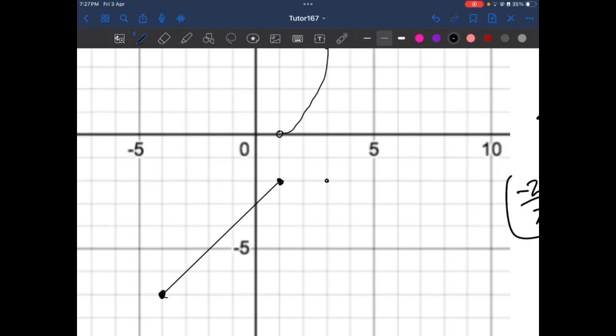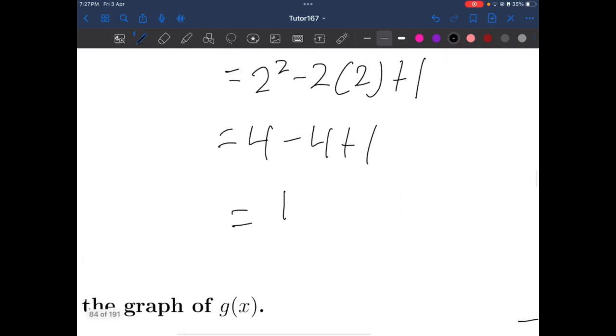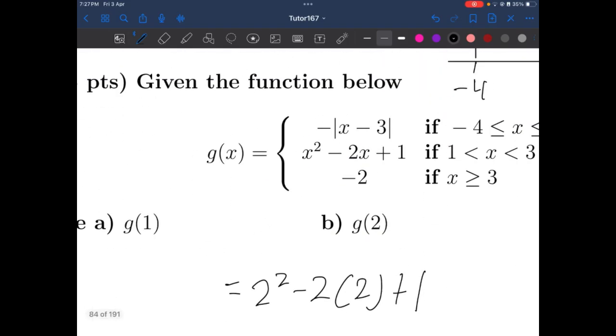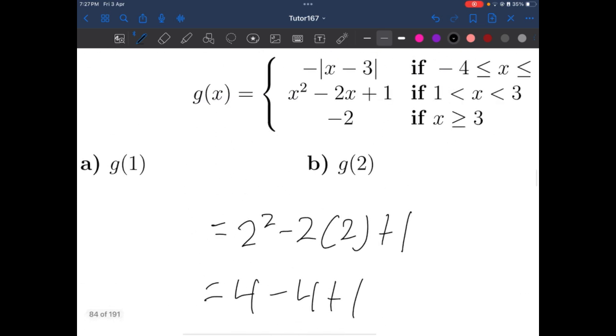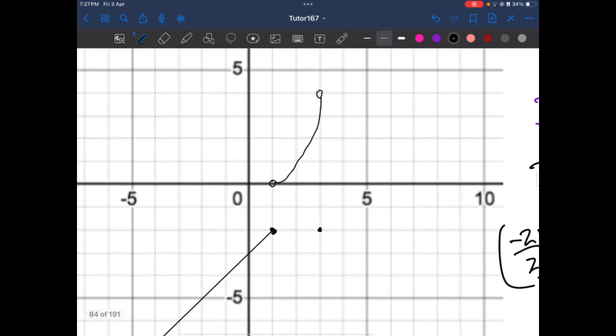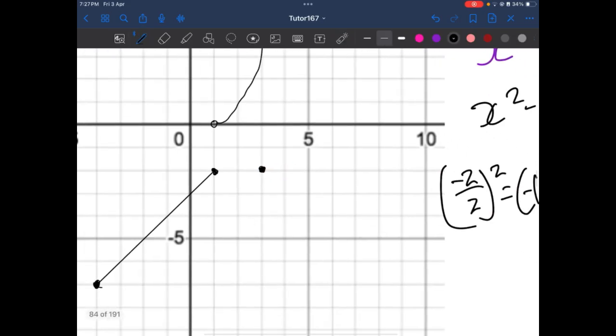And we're going to do a closed circle because it says if x is greater than or equal to 3, it's negative 2. So the values where x is greater are going this way. So our arrow is going to go this way, and it's going to go off to infinity.